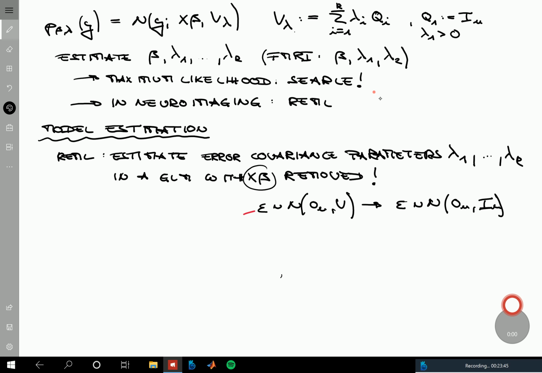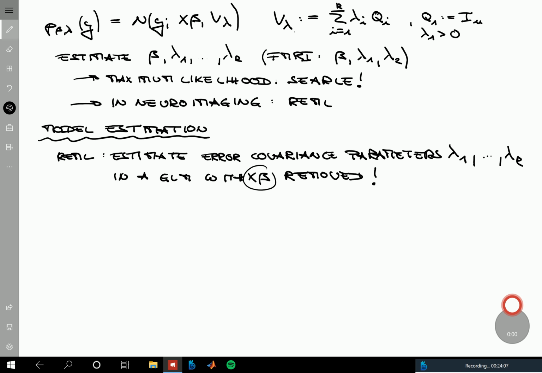We multiply the entire GLM equation by a matrix such that the errors become uncorrelated, then use the standard beta estimator in this transformed GLM, and then back transform to the correlated case.